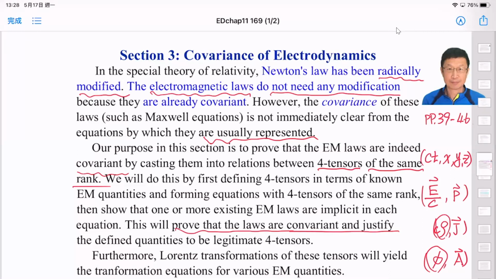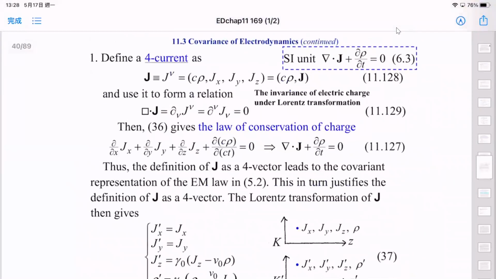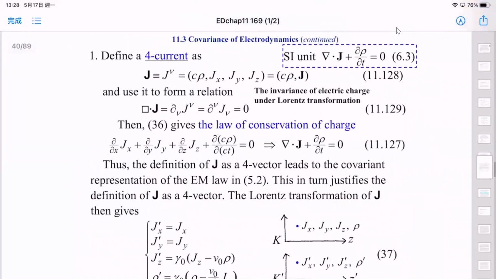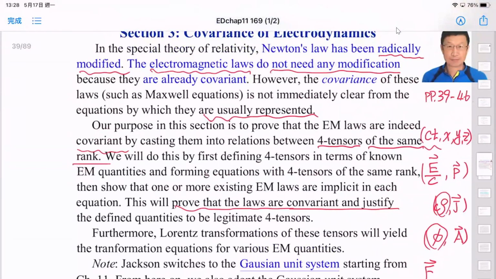First, let's define the most important quantities, for example current, potential, wave number, and the four-vectors of the same form. We have defined the four-potential here, four-potential, four-momentum. What else?